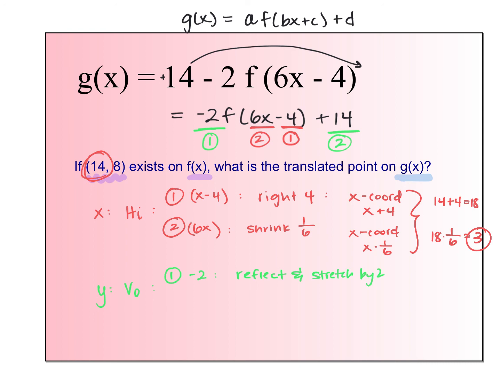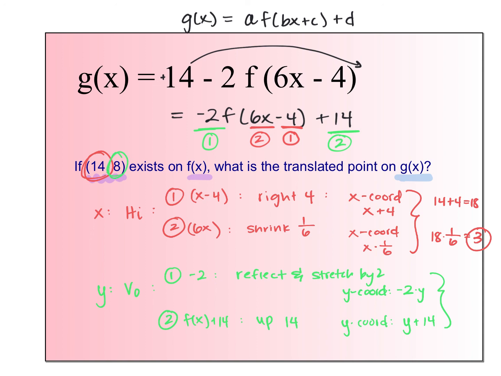So what that means for the y coordinate is I'm going to multiply it by -2. Second, plus 14, since it's vertical, I'm following what I expect. This is going to move it up 14, which means for the y coordinate, I'm going to take y and add 14.